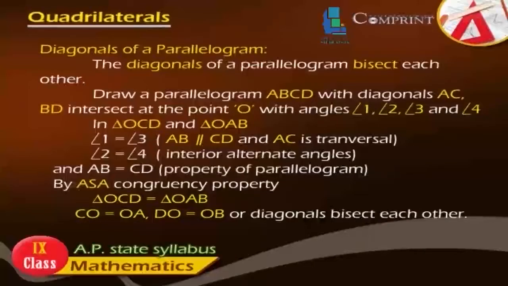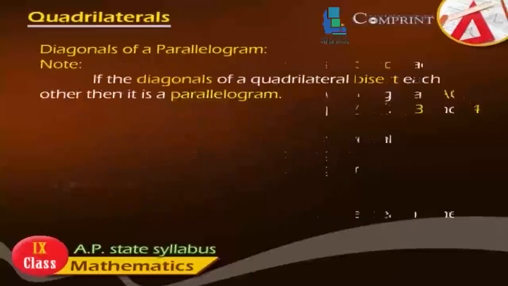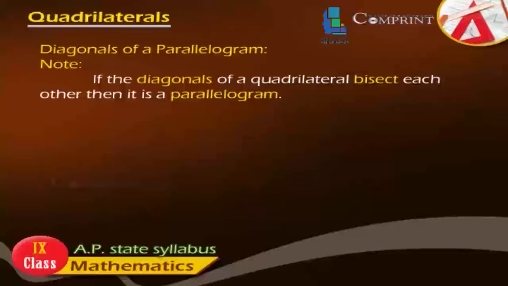By ASA congruency property, triangle OCD is congruent to triangle OAB. CO is equal to OA, DO is equal to OB, so diagonals bisect each other. Note: if the diagonals of a quadrilateral bisect each other, then it is a parallelogram.